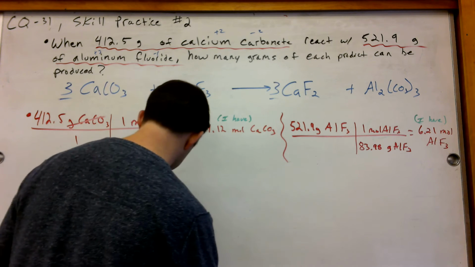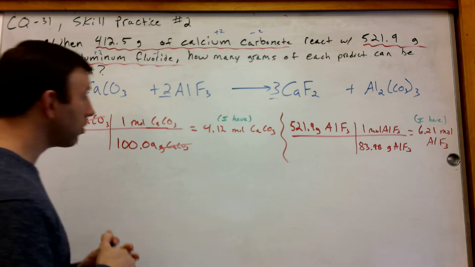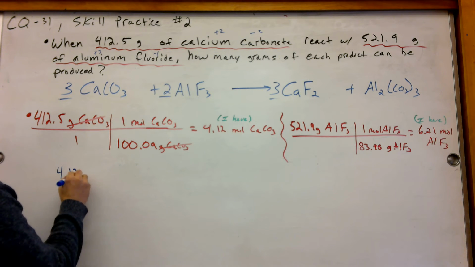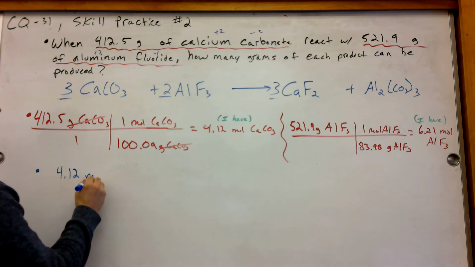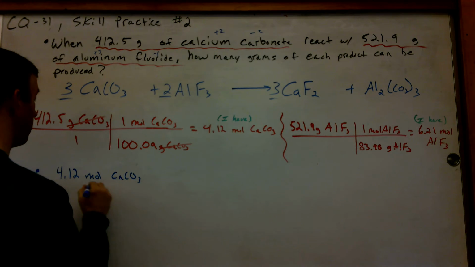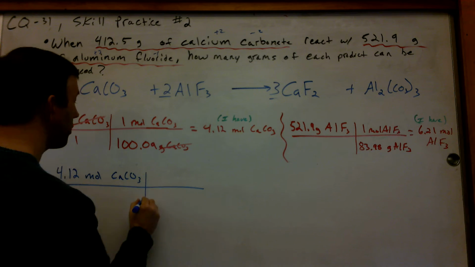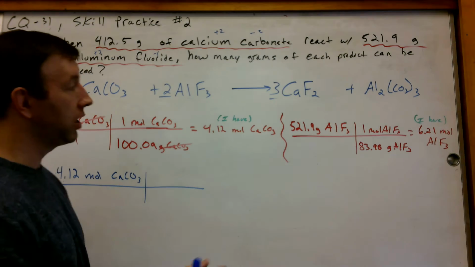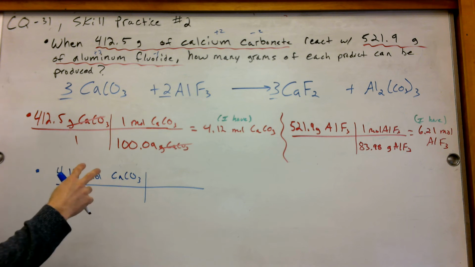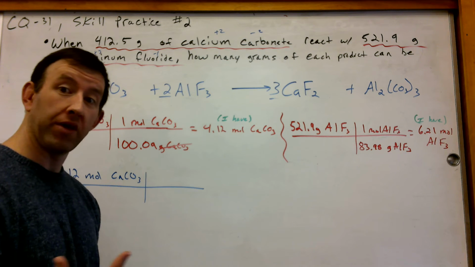Let's take 4.12 moles of calcium carbonate. All right, and I want to figure out, well, how many moles of aluminum fluoride do I need to use all of this up? All right, and that's what multiplying by the mole ratio does, by the way.